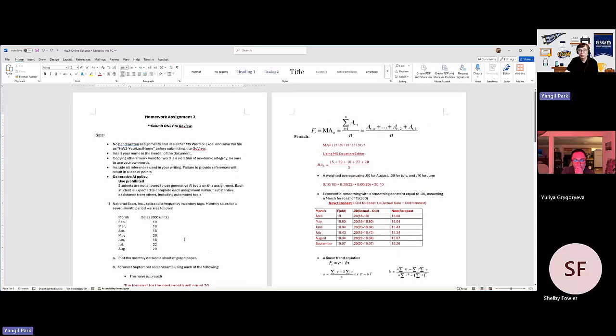And just to make it difficult, there's the formula that comes from the textbook. As you can see, just divide by the number of periods or number of months. The third one is what they call weighted average, okay?